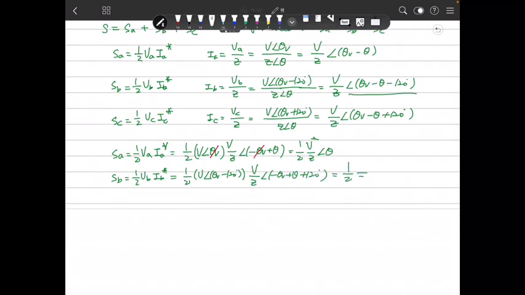So that result is half G V square ∠θ. The same way, SC also has the same value. Therefore, in a balanced circuit, SA is the same as SB and SC.